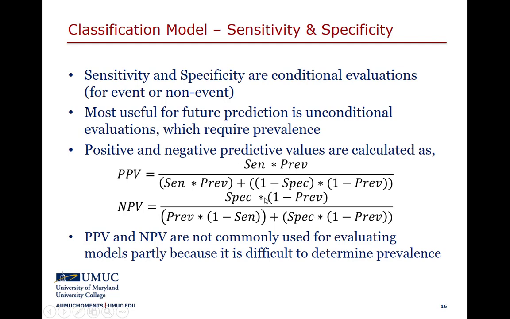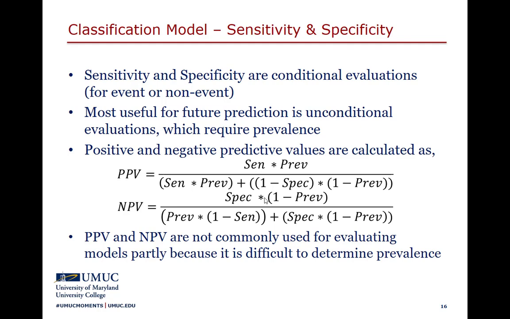But in practice, people generally don't use positive and negative predictive values for evaluating models, primarily because it's hard to know the prevalence. What is the unconditional probability or unconditional distribution of the class of interest?